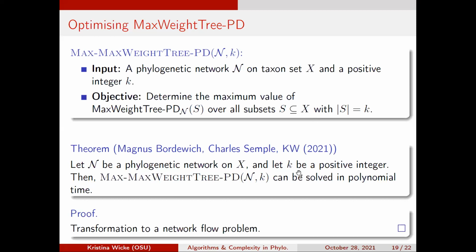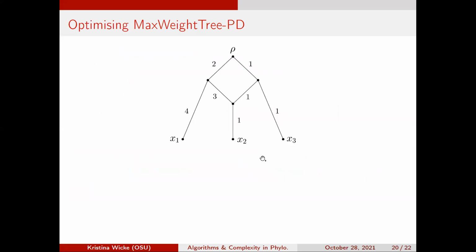Just to give you an idea of what we do, we choose this very simple network where you can probably find the max weight tree PD by just looking at it. But I'm just going to run you through the way we transform that into a network flow problem. First of all, we're given our network. In the network flow, we interpret the root as the source for the flow. Then we introduce a sink, T prime in this case.